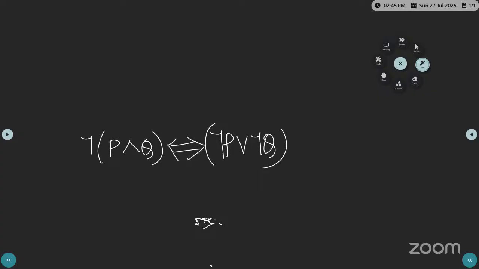Construct the truth table first. At least this you should be able to do. Using the truth table, which I told in the morning. Let me see how many of them will do.